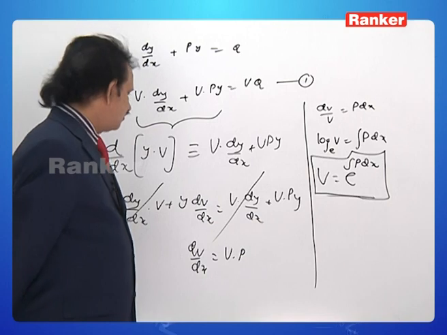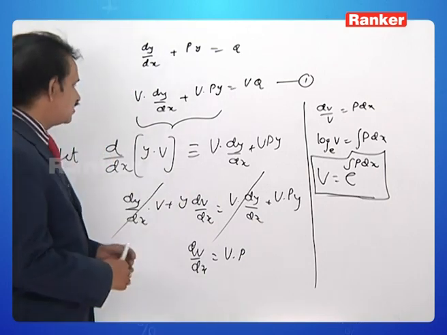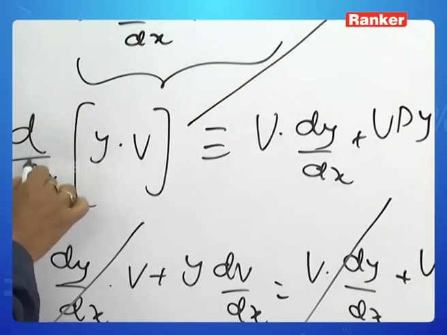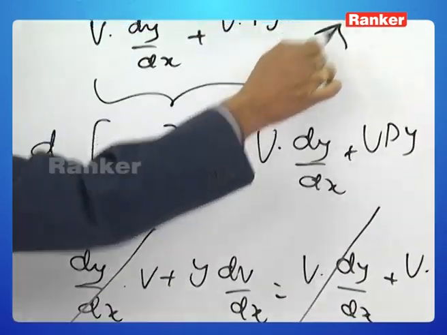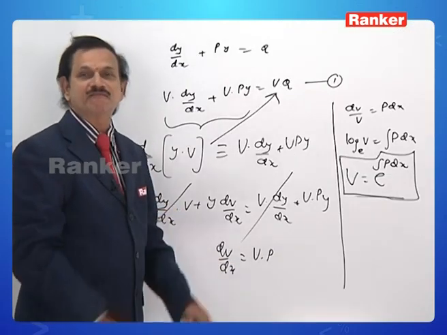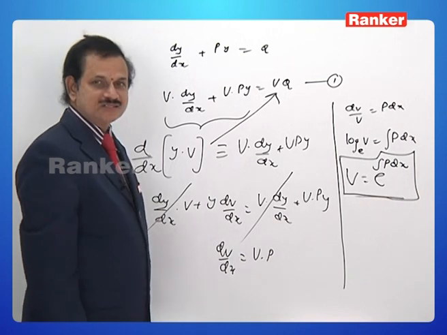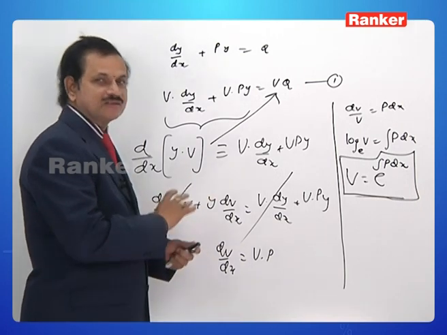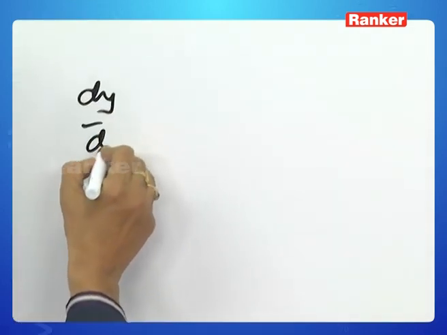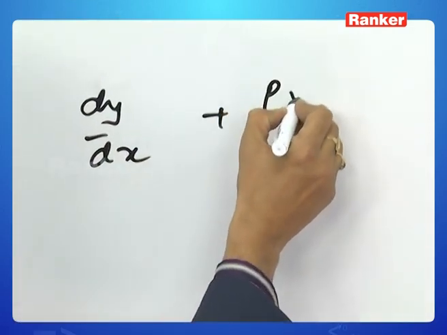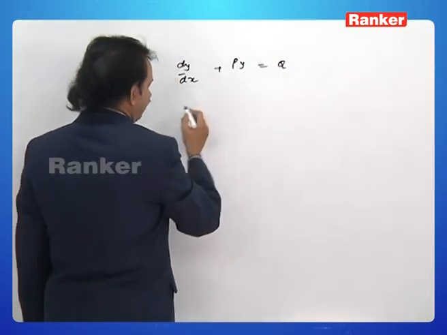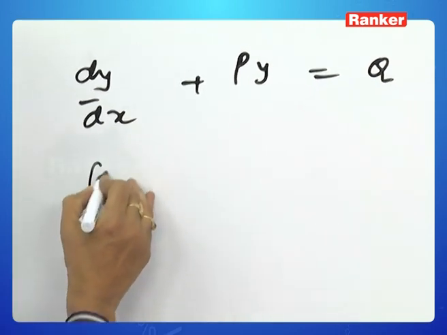The solution is directly obtained from this: d by dx of y into v is equal to v into q. What is v? It is nothing but the integrating factor. Well, let us now write this concept very clearly. Given differential equation is dy by dx plus py is equal to q. Multiply the entire equation with e power integral p dx.